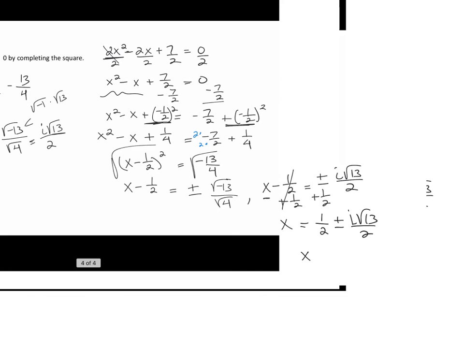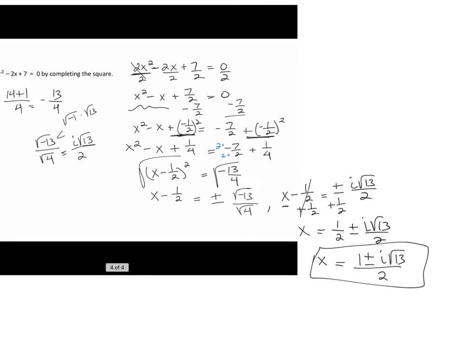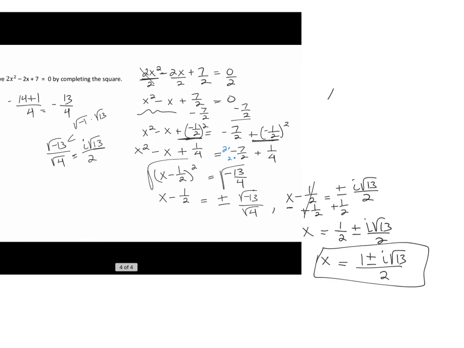And again, I can put the numerators together. 1 plus or minus i root 13 all over 2. So that looks the simplest form on paper here. If I wanted to separate those terms, that's 1 plus i root 13 over 2 and 1 minus i root 13 over 2.